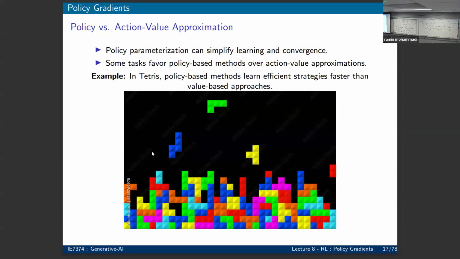For example, in this game of Tetris, a policy based model tends to play better, because it gives you more flexibility over the actions that you want to take.